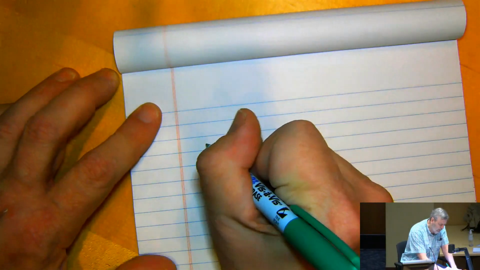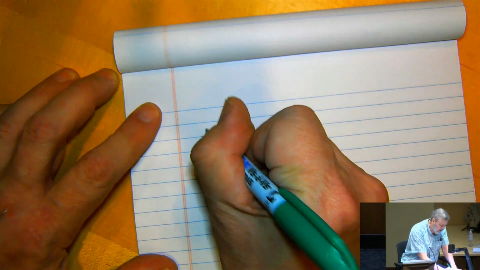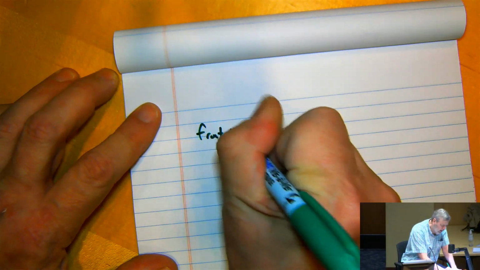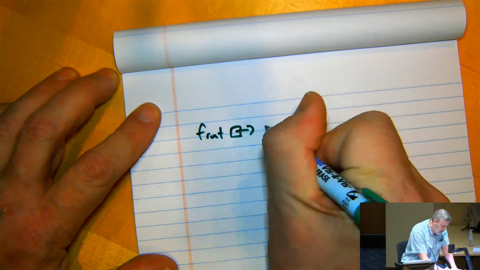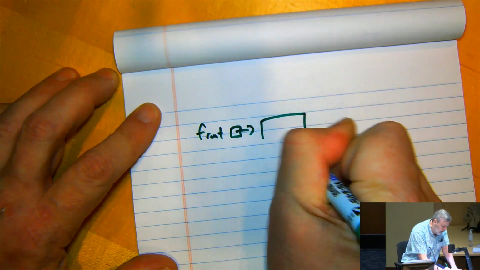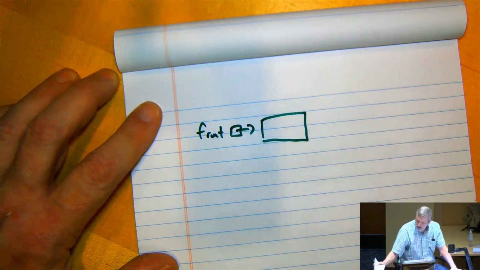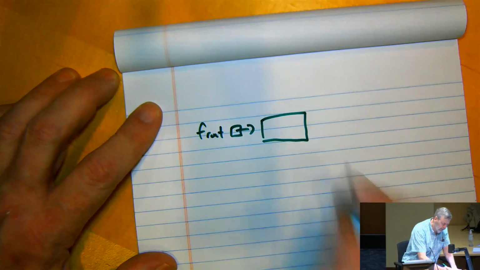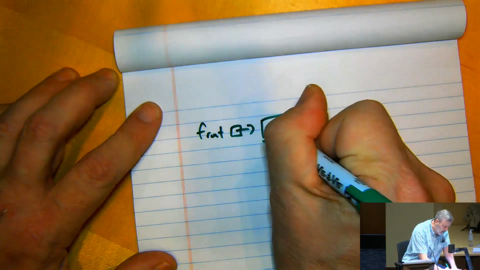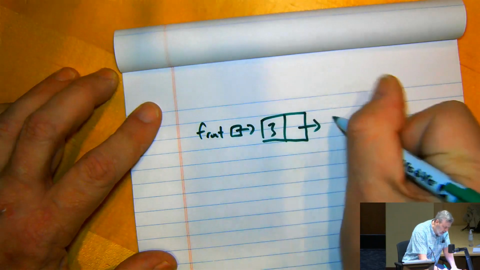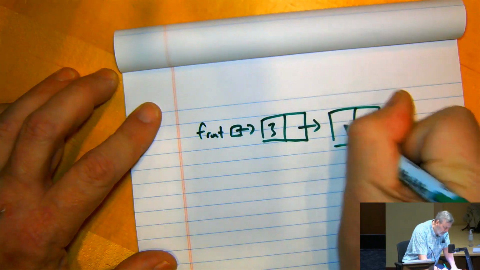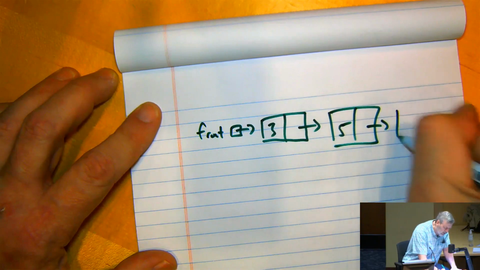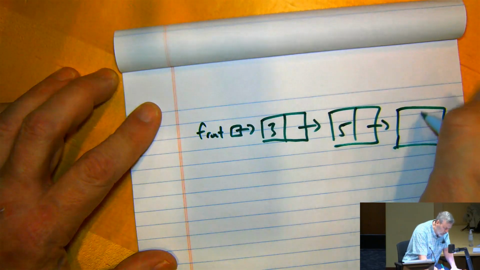So suppose that we've got our field called front, and front is referring to a node with a 3 in it that refers to a node with a 5 in it that refers to a node with a 2 in it.